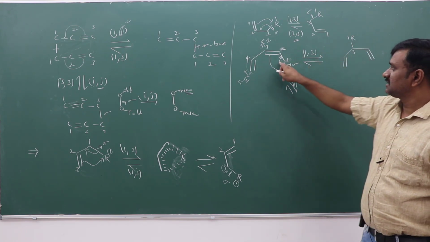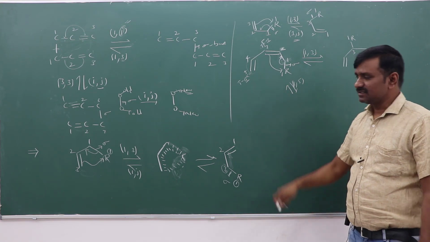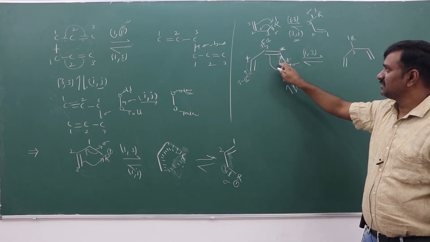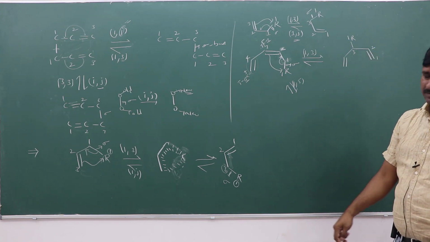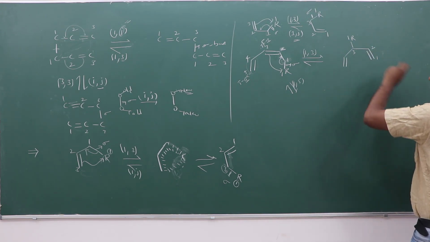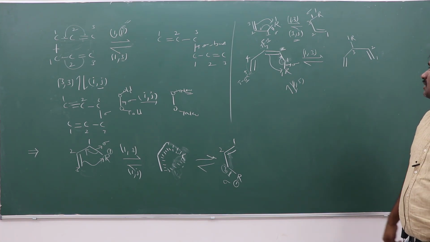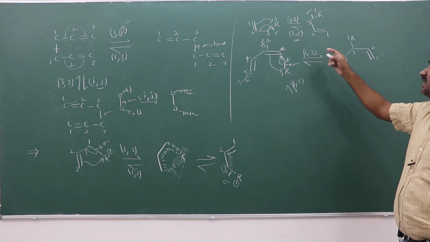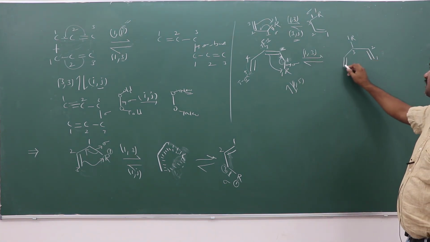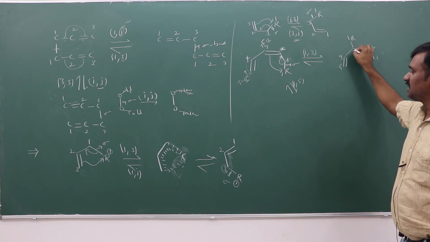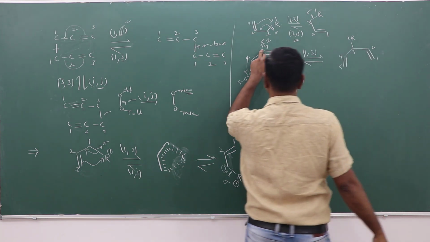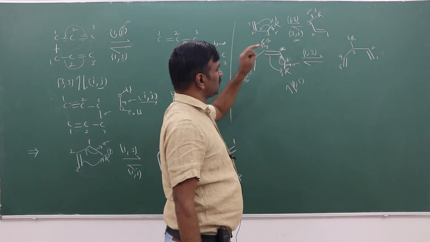Further, the pi electrons are shifted to here, so between 1 and 2 a double bond forms due to the pi electron arrangement. This is a 1-3 shift. The migrating sigma bond migrates from the 1-1 position to the 1-3 position, and the R group is attached to the third position.